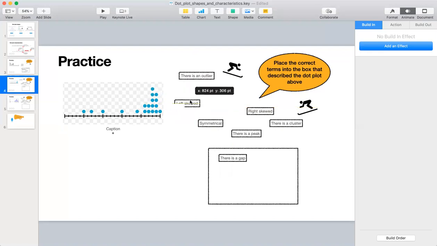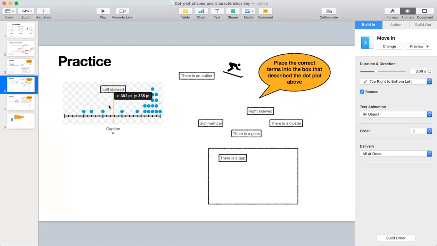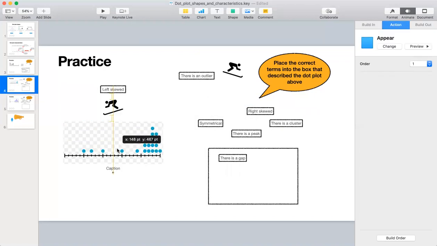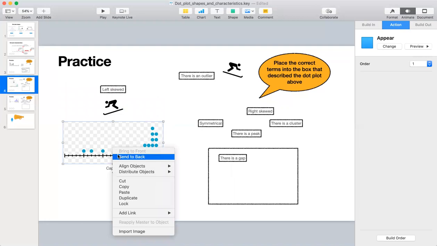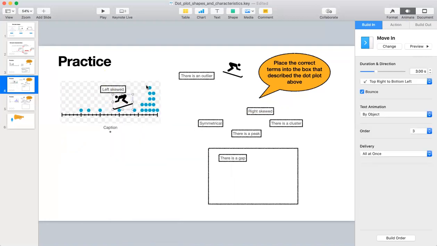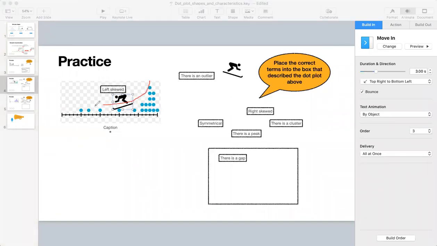This one is left skew, right? As you can see, I did something wrong. Okay, so let's send the picture to the back. This is left skew, since this data set goes from the mode of the peak this way.